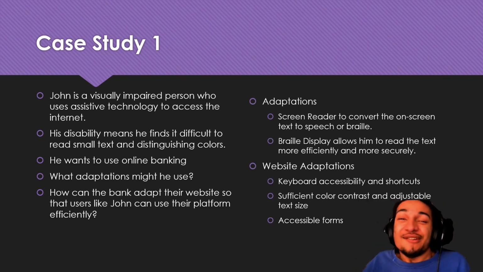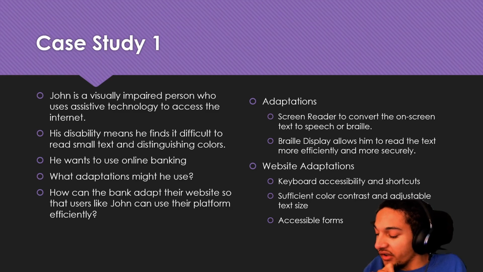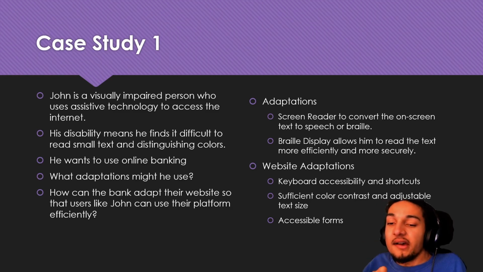Okay, so there's always things that the disabled person and the website developer can do. So, for example, the disabled person, yeah, Nacho, you were right. You can use screen reading software and stuff like that. The issue with using screen reader software is that you could end up compromising your own information.